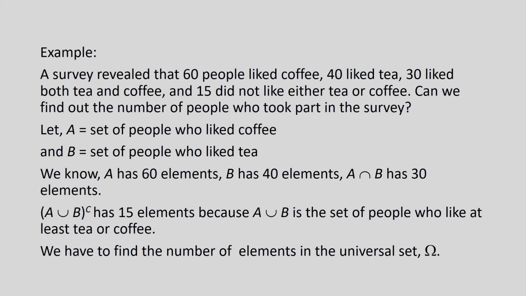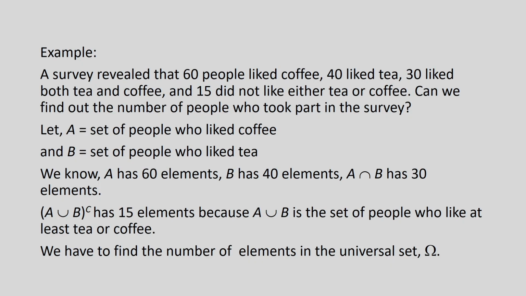A survey revealed that 60 people liked coffee, 40 liked tea, 30 liked both tea and coffee, and 15 did not like either tea or coffee. Can we find out the number of people who took part in the survey? All right. So, this is the question, and let us see how we can try to solve this.